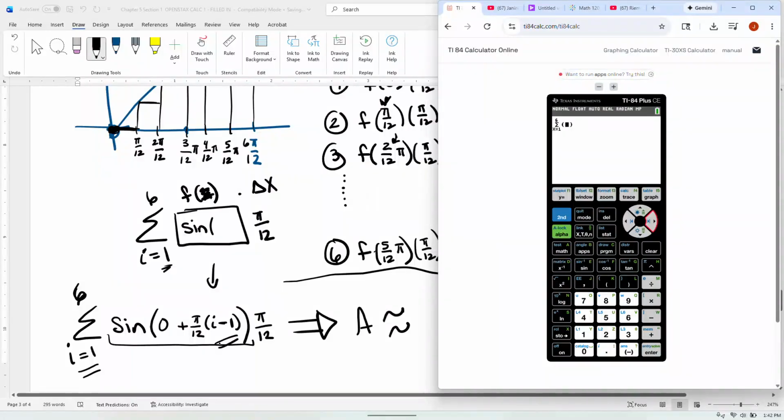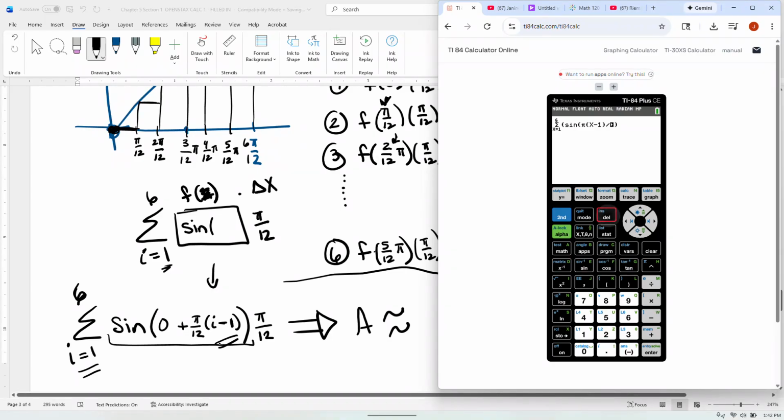Sine. I have to be careful here. I'm going to do pi times the quantity, x minus 1, close that quantity, divided by 12, and that's all going into the sine function, okay?